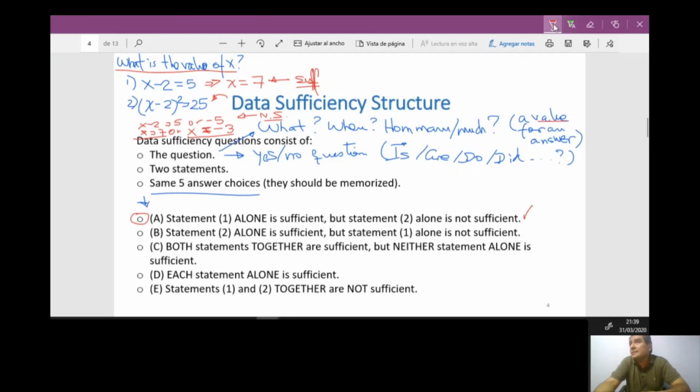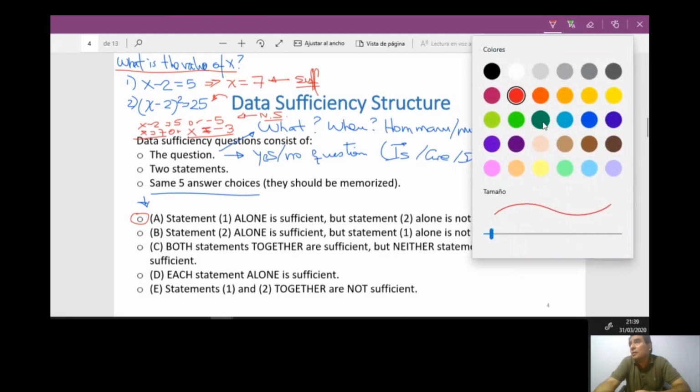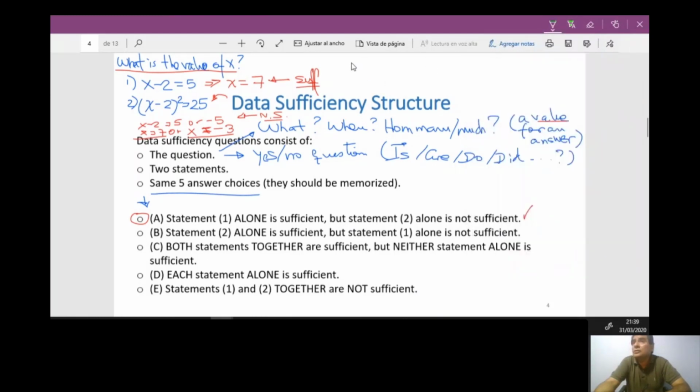Let's see another example. For the sake of clarity, I will use another color here. Okay, let's imagine that the text of the question is this: if x is a positive integer, what is the value of x?